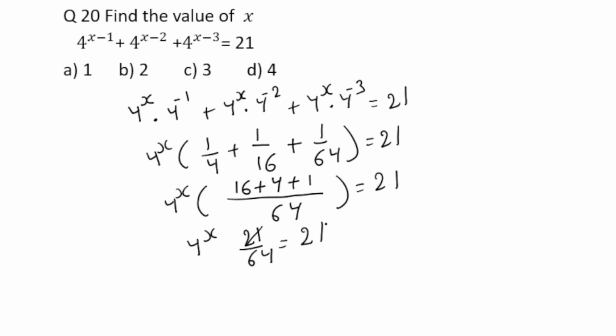Now this 21 cancels. 4 to the power x equals 64.